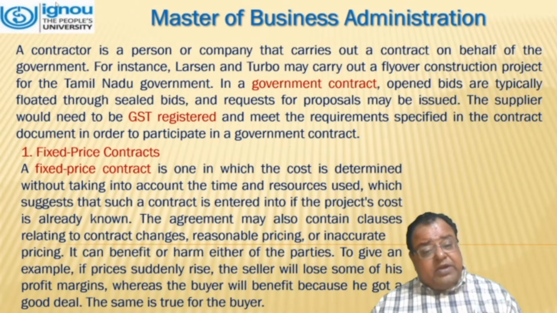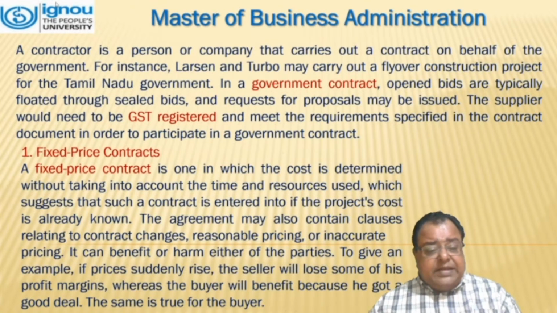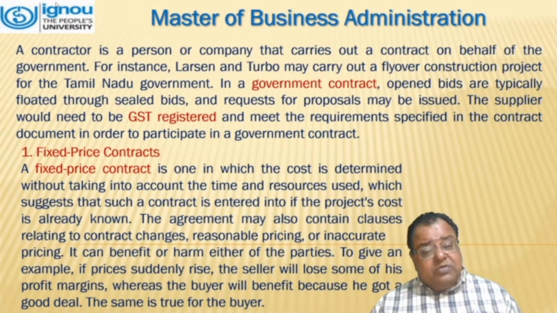It can benefit or harm either of the parties. To give an example, if the prices suddenly rise, the seller will lose some of his profit margins, whereas the buyer will benefit because he got a good deal. The same is true for the buyer also.